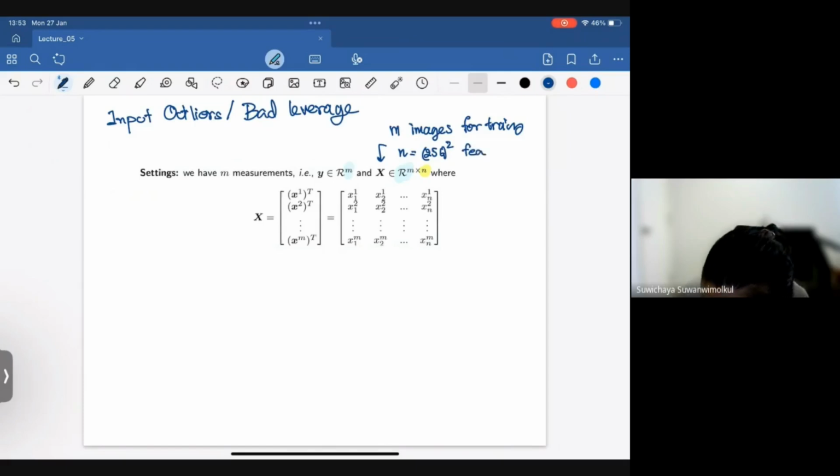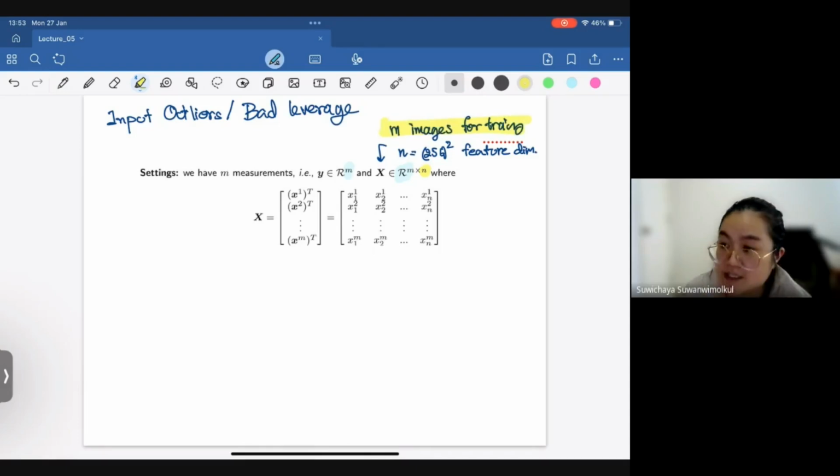It's a feature dimension. When we say that our input is a bad leverage, it means that a particular sample in the training set is behaving out of the norm. So it has nothing to do with the feature dimension. That is something to keep in mind.